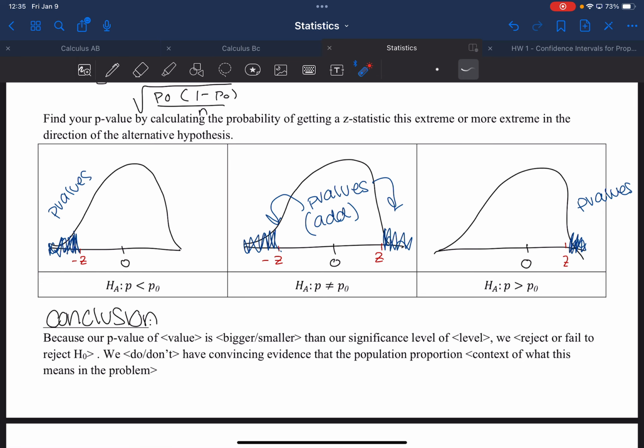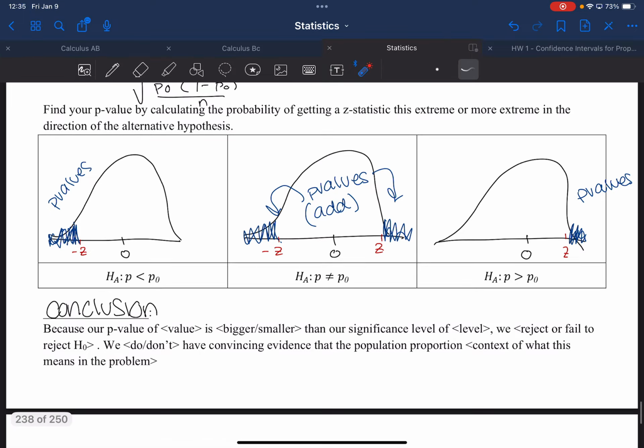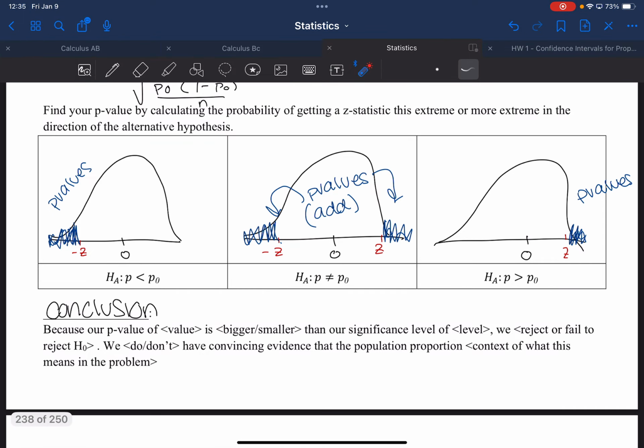It says, because of our p-value of blank is bigger or smaller than our significance level of blank, we either reject or fail to reject H naught, and then we either do or don't have convincing evidence that the population proportion, and so on, in the context of the problem.